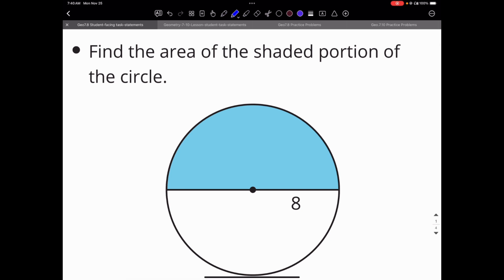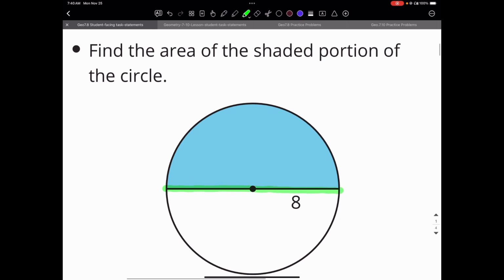So we're finding the area of the shaded portion of the circle. It's kind of plain to see that half of the circle is shaded, right? Because you know this because the line that separates the shaded and unshaded regions is a diameter, right? So let me just write that. That's a diameter.